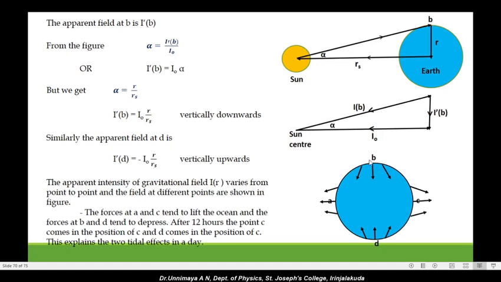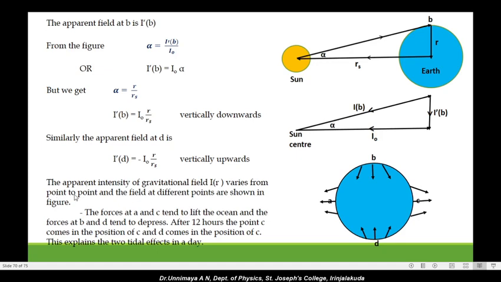Then we find out the apparent field at the point B, that is vertically downwards. And similarly the apparent field at D is vertically upwards. So 4 points apparent fields we consider. Similarly, we can find out the apparent field at any point on Earth's surface.